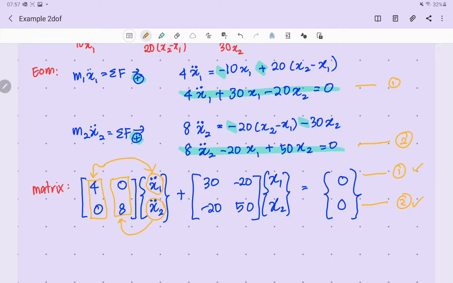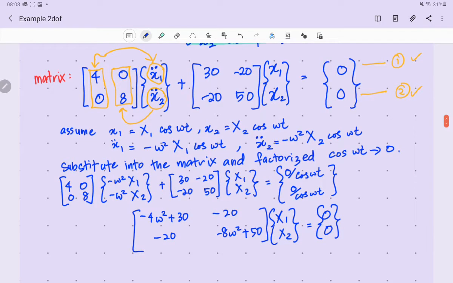Now we want to get the determinant. How do you go from the matrix to the determinant? First of all, you have to assume the solutions for x1, x2, x double dot 1 and x double dot 2, and you have to substitute into this equation in order to get everything in terms of x1 and x2.